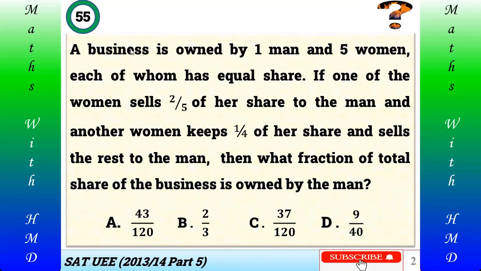Here is question number 55. A business is owned by one man and 5 women, each of whom has an equal share.